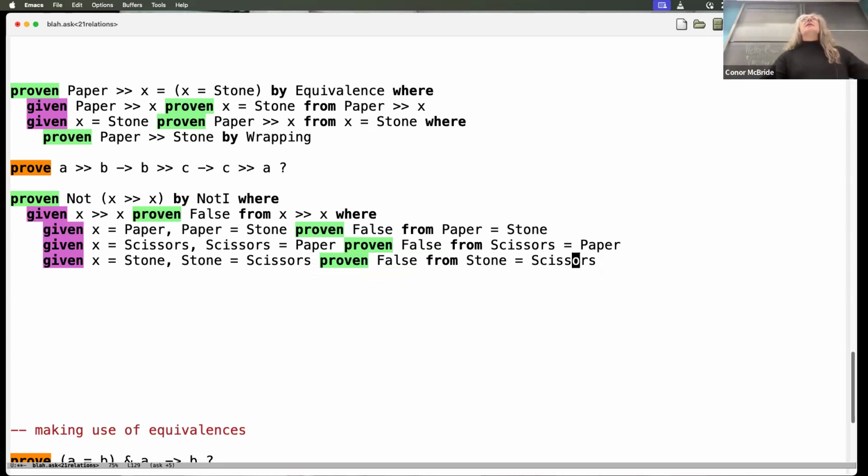Okay, so that was a nice little bit of reasoning by cases and getting rid of equations that are blatantly untrue.